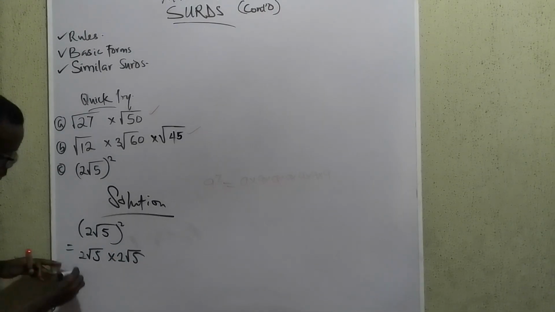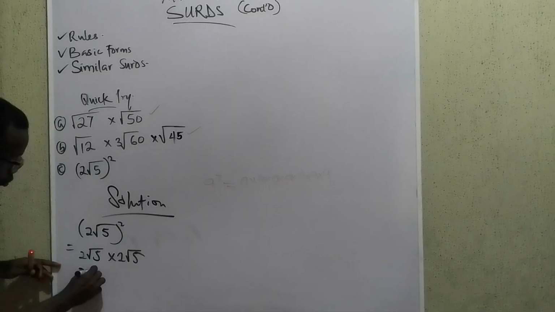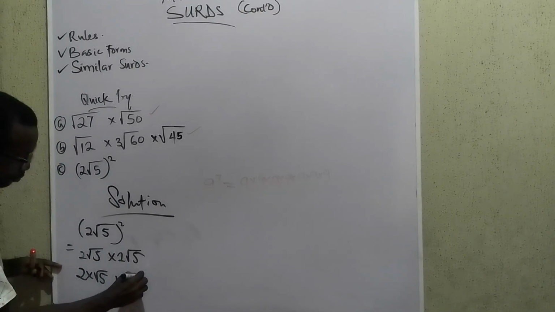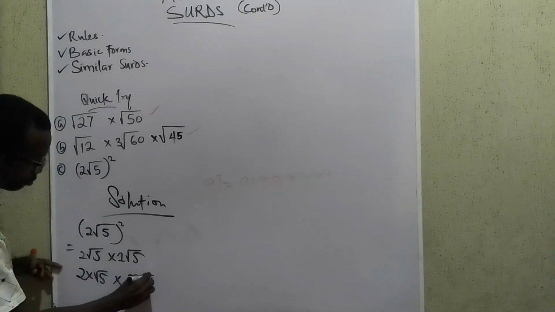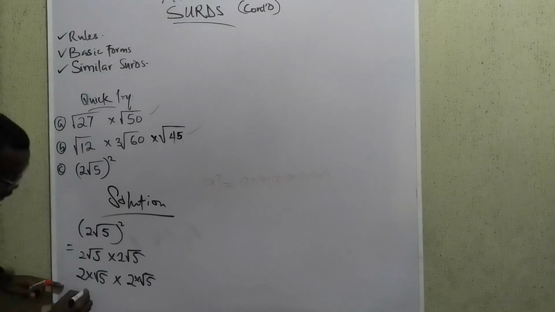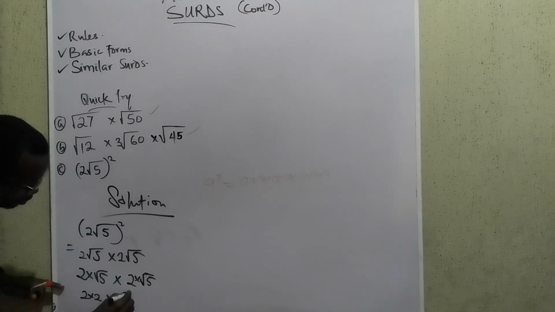If I open it up, it means 2 times root 5, with the invisible times here, times 2 times root 5. So what does it mean? Multiply the ones that look alike. This and this look alike, so 2 times 2, and root 5 times root 5.